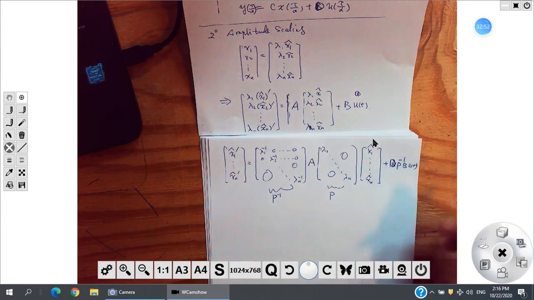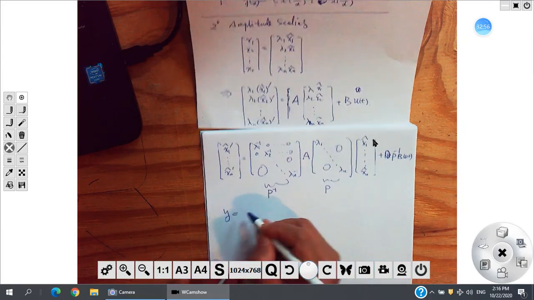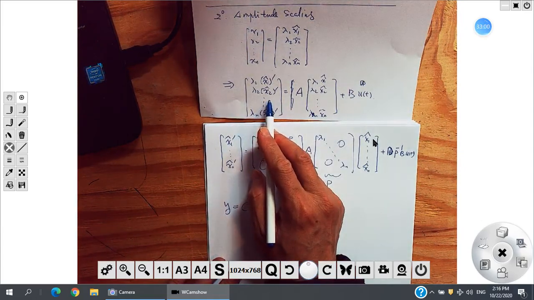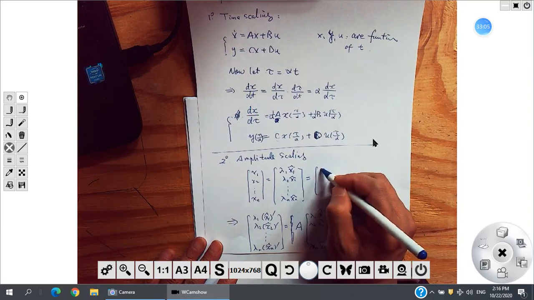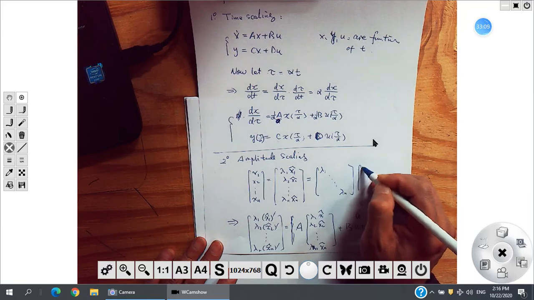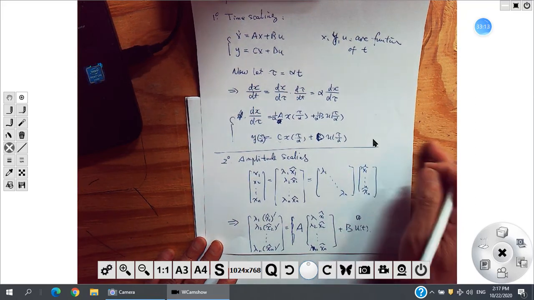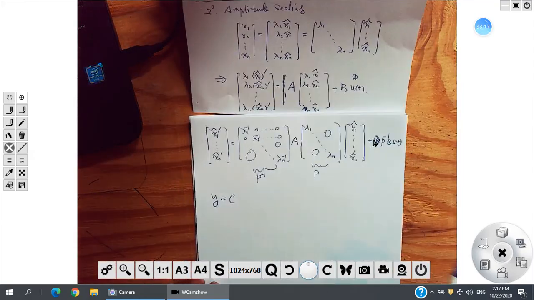And also y should be c times x. But now x, I can also write in matrix form: lambda 1 to lambda n times x1 hat until xn hat. Writing this way, here should be c times x.